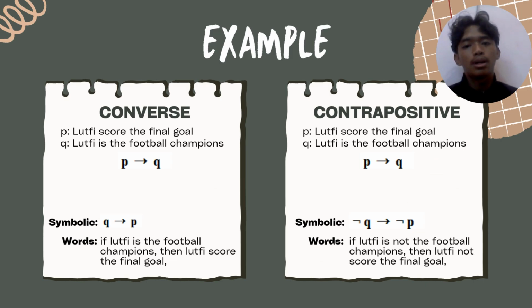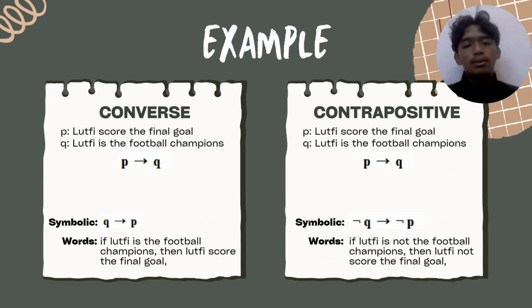So just swap both statements. When we swap P implication Q, we get Q implication P. And the words will be: if Luffy is the football champion, then Luffy scores the final goal.